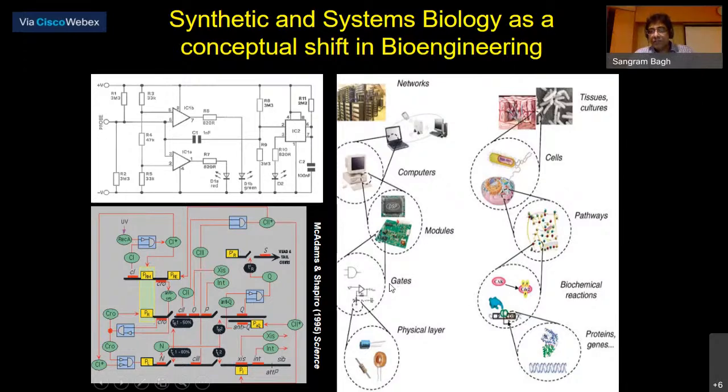Similarly, if I develop with biochemical reactions an AND gate, a NOT gate and an OR gate, and I know that connecting these three gates in some way develops a particular function in electronics, then here we connect those biological gates in a similar way and develop a biological computational function, which is a kind of pathway.